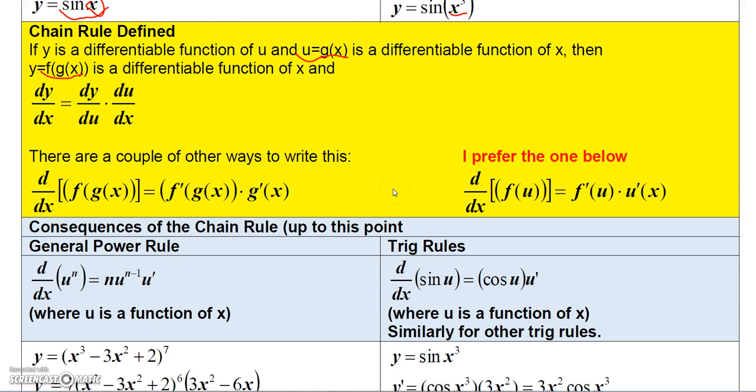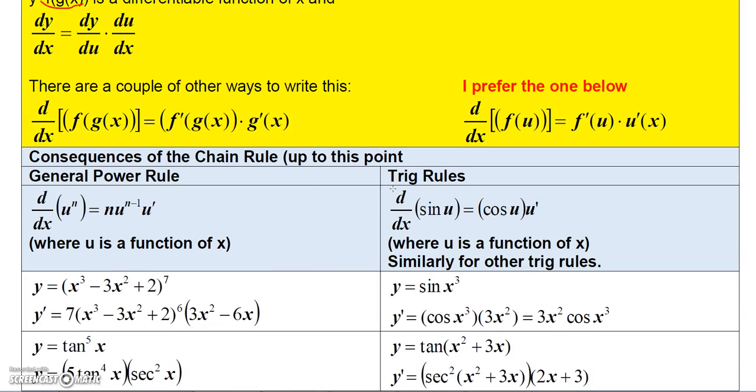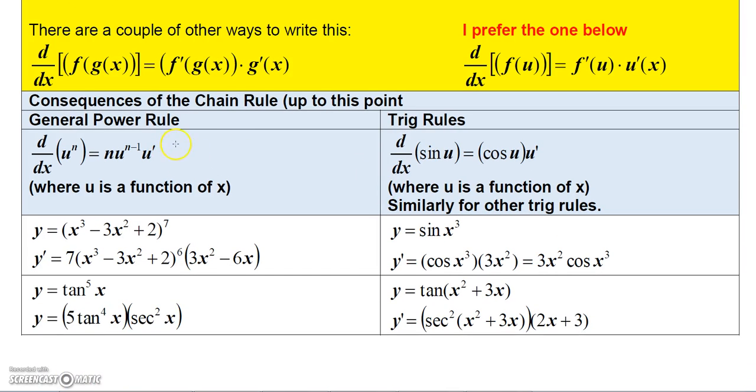Now, up to this point, we really only have two rules to build on, the power rule and the trig rules. So you can take this chain rule and, instead of a simple power rule, come up with a more general power rule.